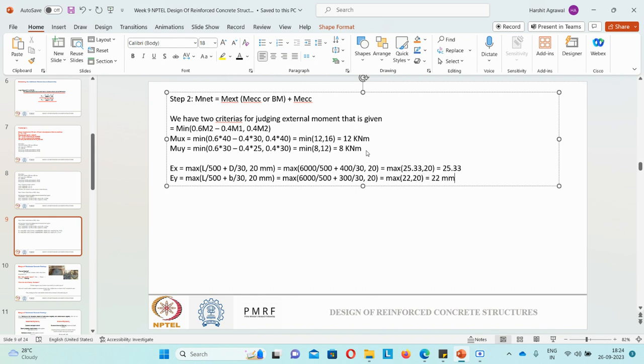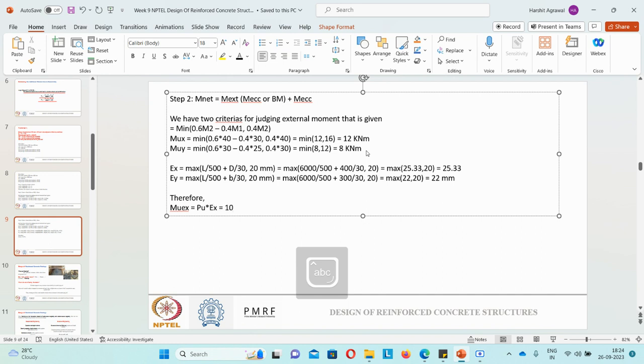Now due to this eccentricity, what load will we have, and therefore what moment will come? So MU due to this external eccentricity will be given by the axial load times the eccentricity Ex. This will be 1000 times 25.33 into 0.001, just to convert millimeter into meter.